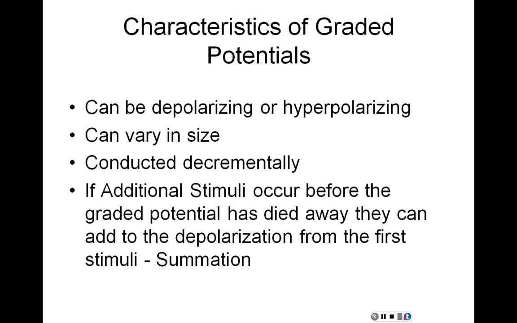They can vary in size, with different degrees of depolarizing or hyperpolarizing. They're conducted decrementally, which means as you move away from the point of origin, the signal gets weaker. And if you provide an additional stimulus before that potential has died away, it can add to the first stimulus, which is summation.